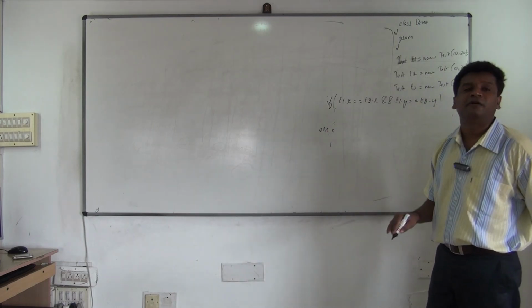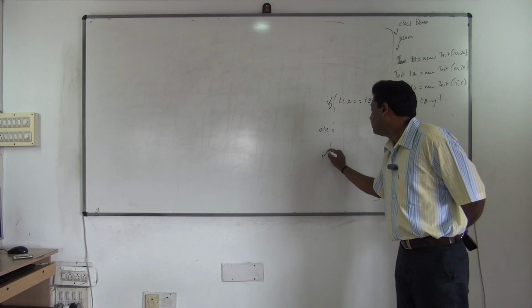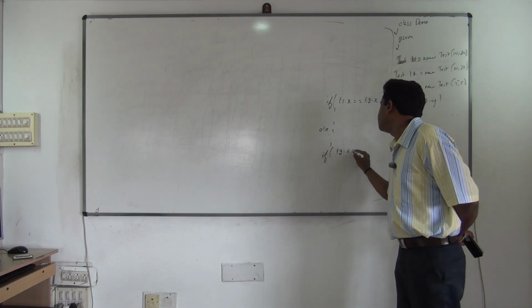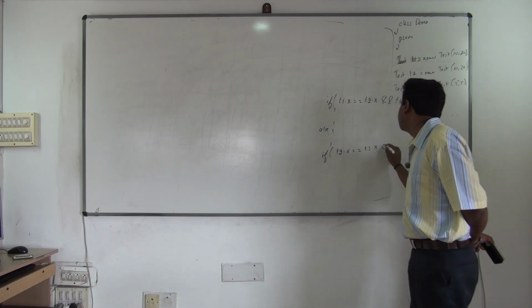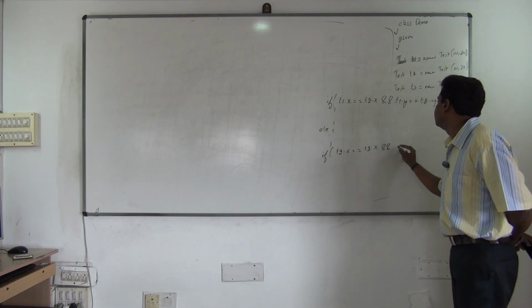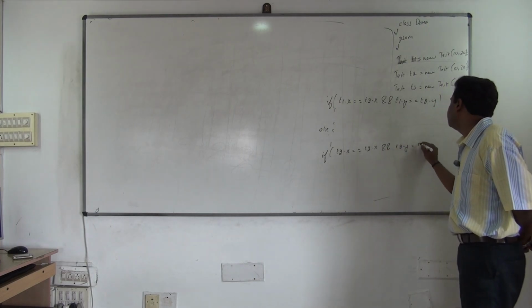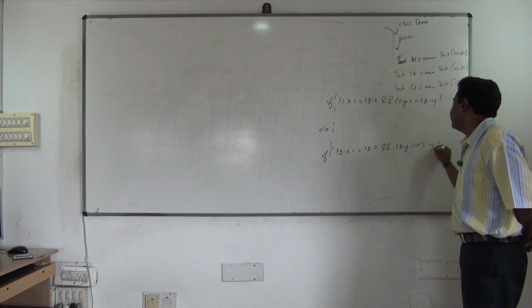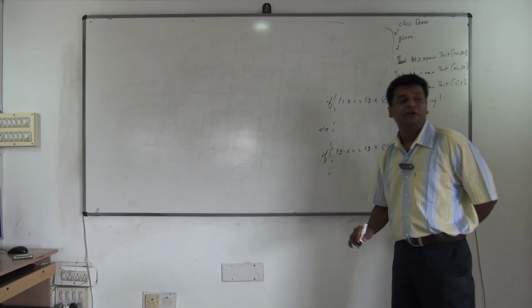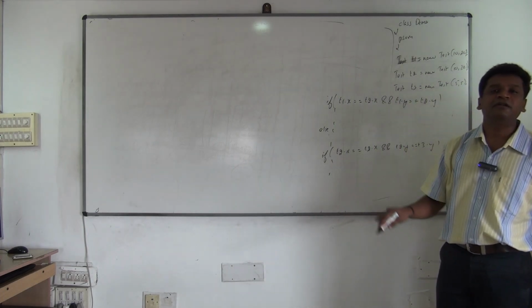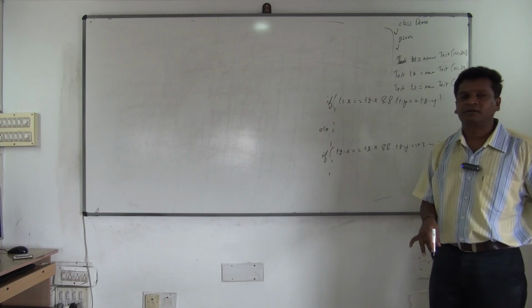Again for t2 and t3 you have to write one more. If t2 dot x is equal to t3 dot x and t2 dot y is equal to t3 dot y, this is for t2 and t3. If I want to compare t1 and t3, again one more.